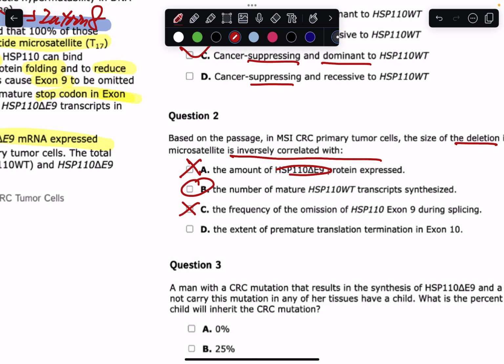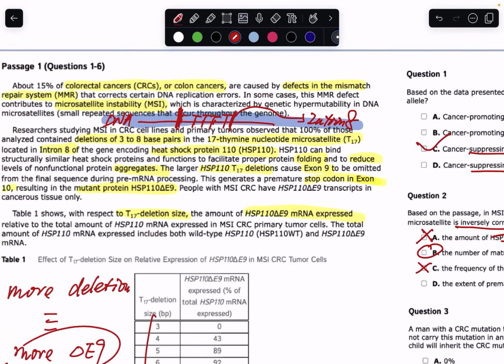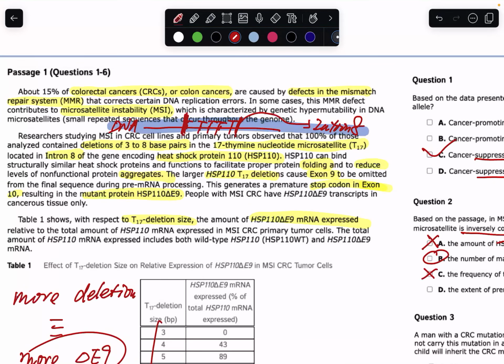And then D says the extent of premature translation termination in exon 10. This is also mentioned in paragraph 2 as we discussed the deletion, right? The deletion of 3 to 8 base pairs in intron 8 would cause the omission of exon 9 as well as the stop codon in exon 10.